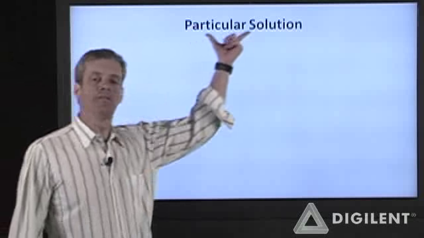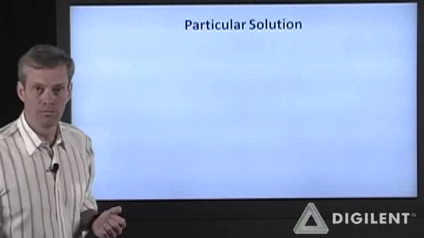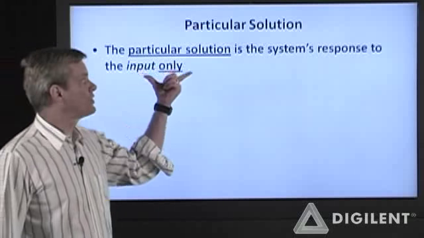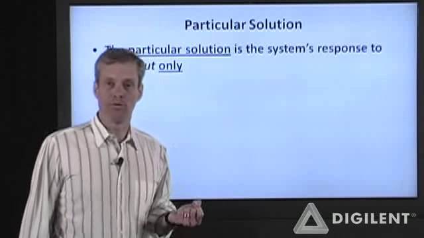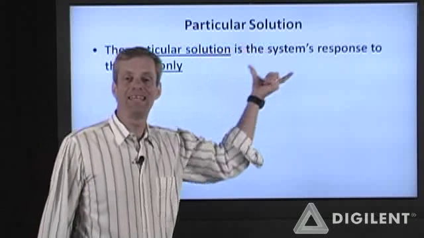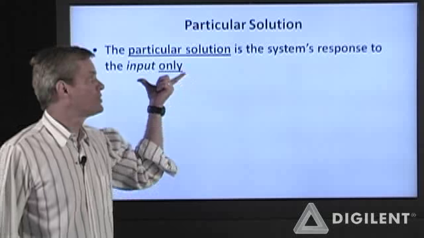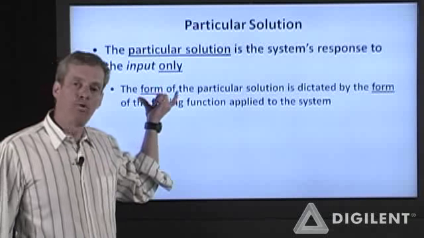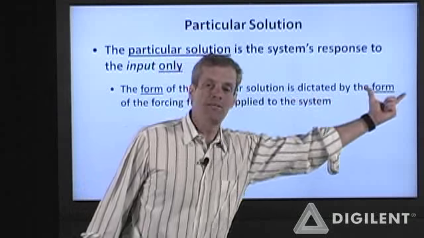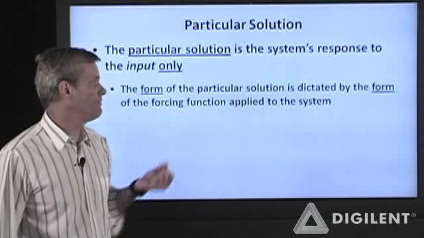Now let's talk a little bit about the particular solution. The particular solution is the response of the system only to the input. We're assuming that any initial conditions are 0, just driving the system with the input. It turns out that the form of the particular solution is dictated by the form of the forcing function.